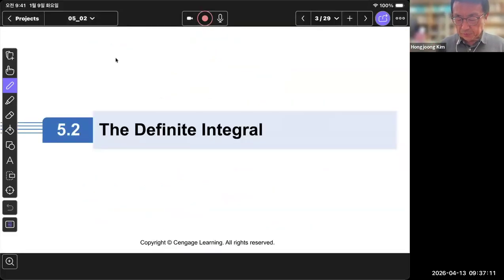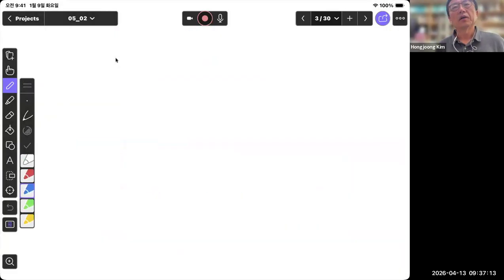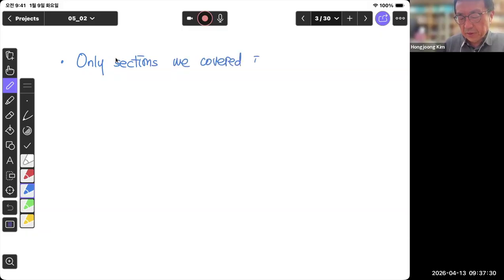Only the sections we covered in class will be considered, in chapters 1 through 5.